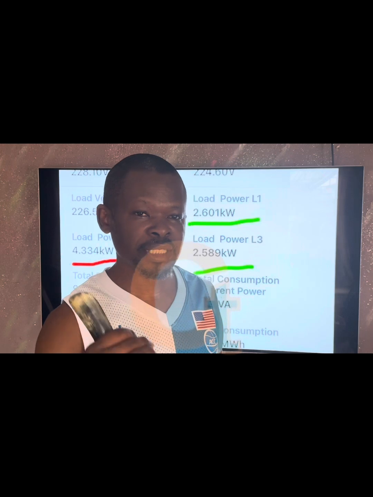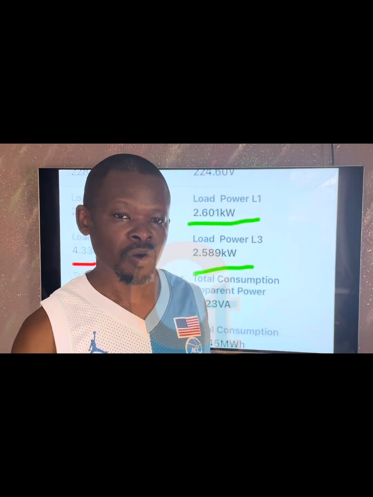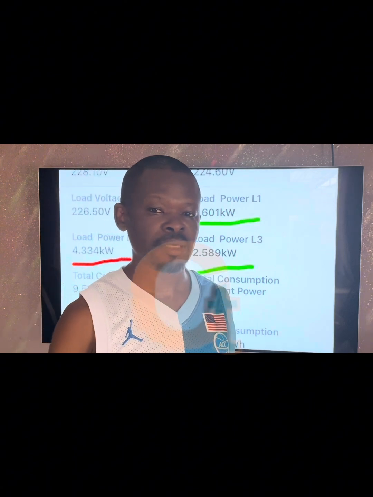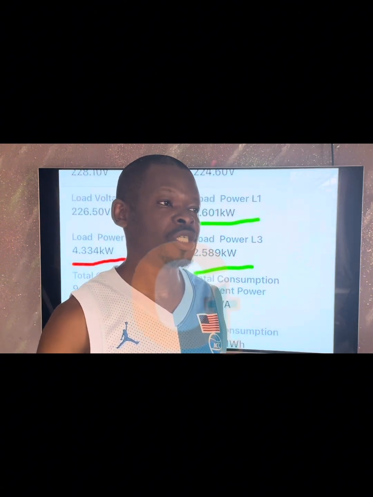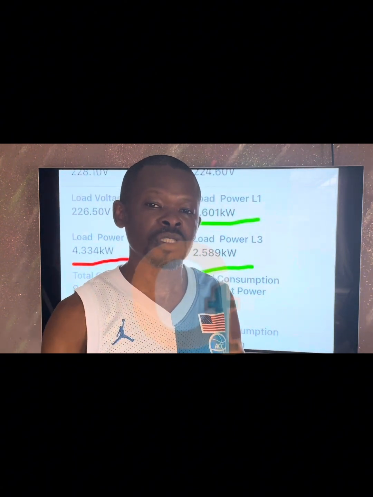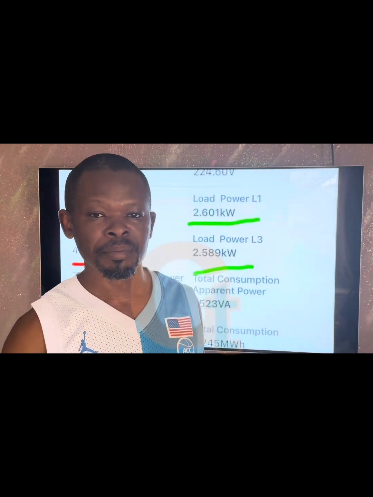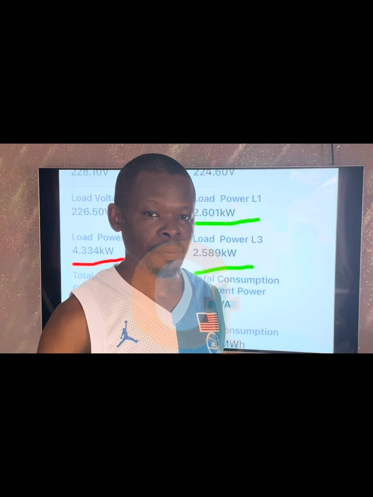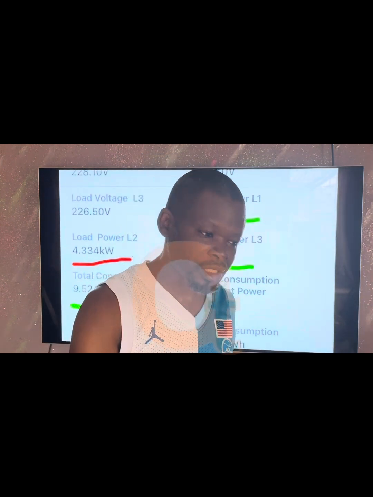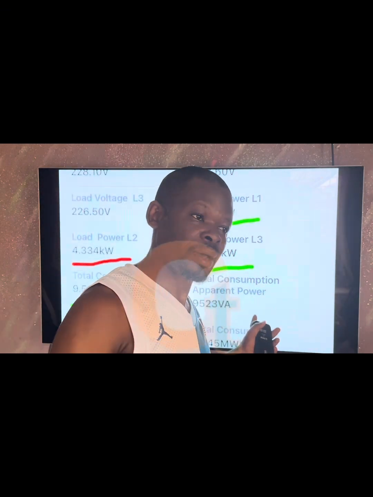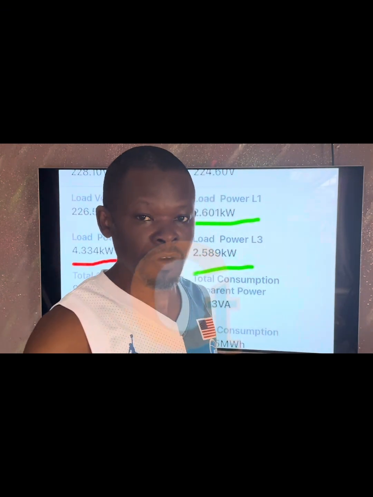When you are doing that kind of assessment, also check the load balance, because most three-phase, sometimes they don't balance the load. They will do it in a way that even if the load is 12 kilowatts, you will need more than a 20 kilowatt three-phase machine to power it. So when you are doing such a thing, make sure the loads are balanced so that you won't overload your inverter. Meanwhile, the load is in range of what it can carry.